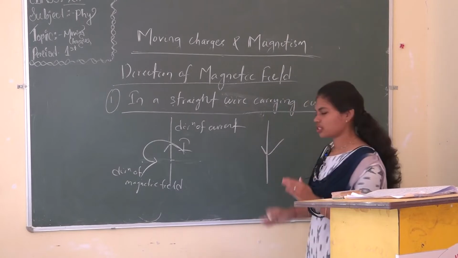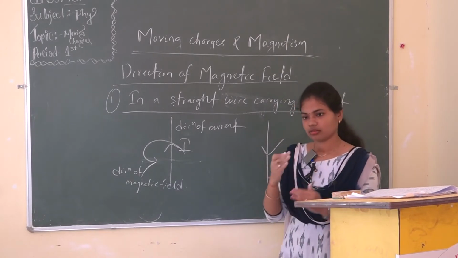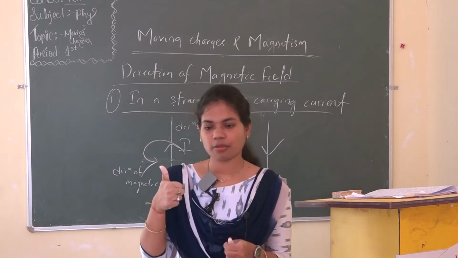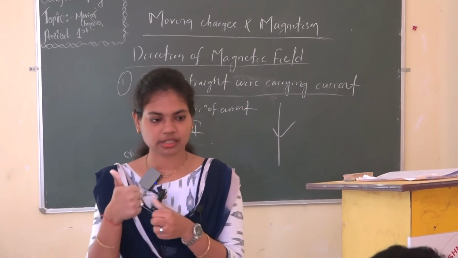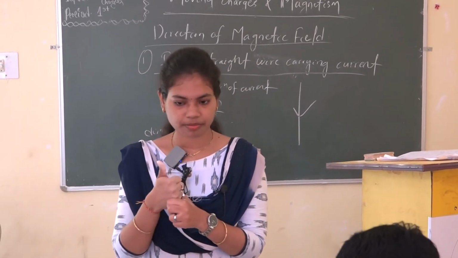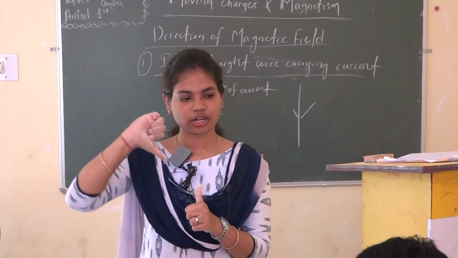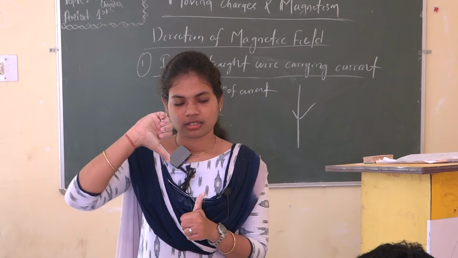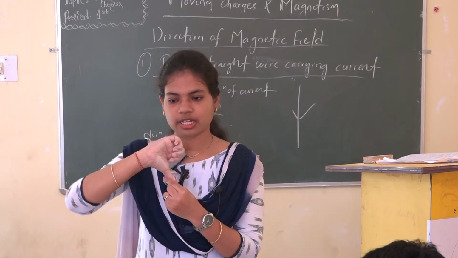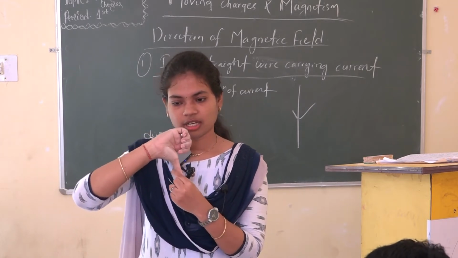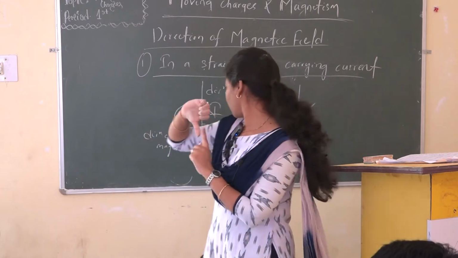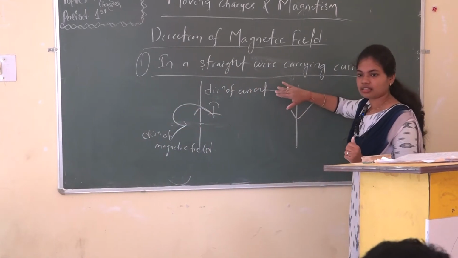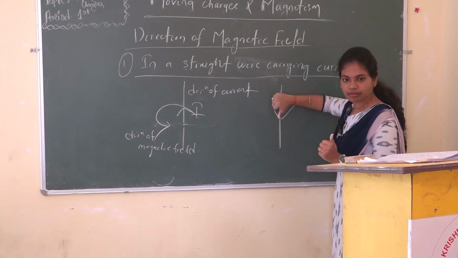When the current flows in downward direction, when the current flows in upward direction, the thumb represents the direction of current and the finger curl represents the direction of magnetic field. When the current flows in outward direction, that is in this side, the direction of thumb is the direction of current.